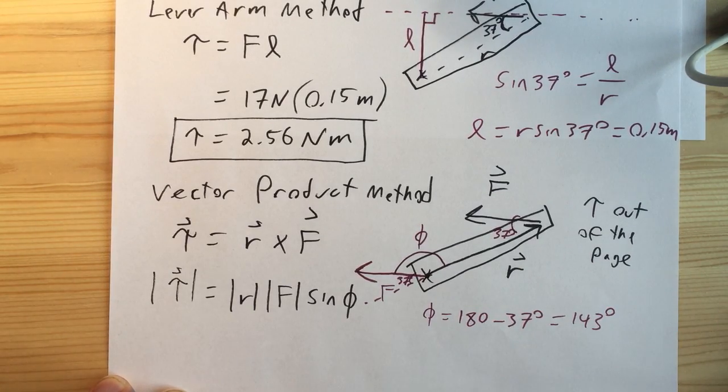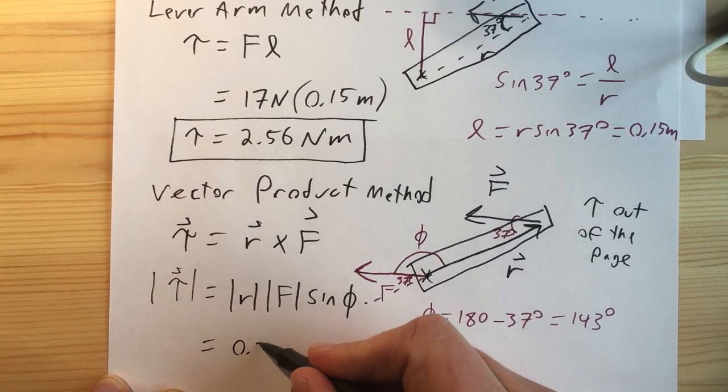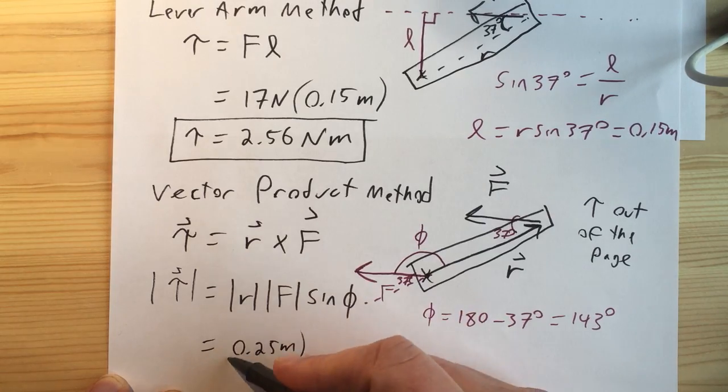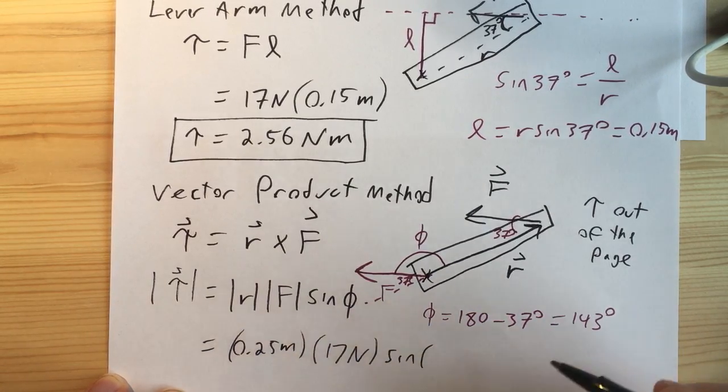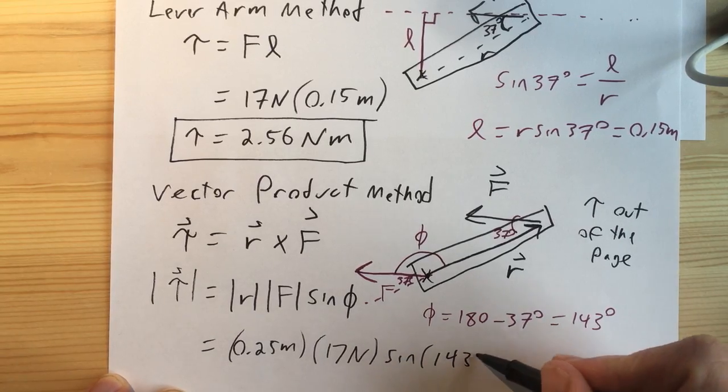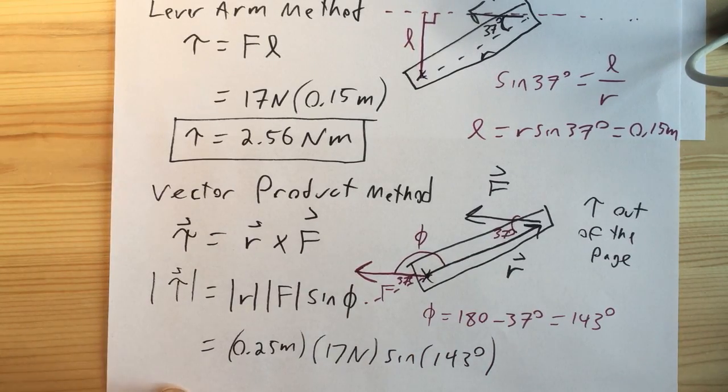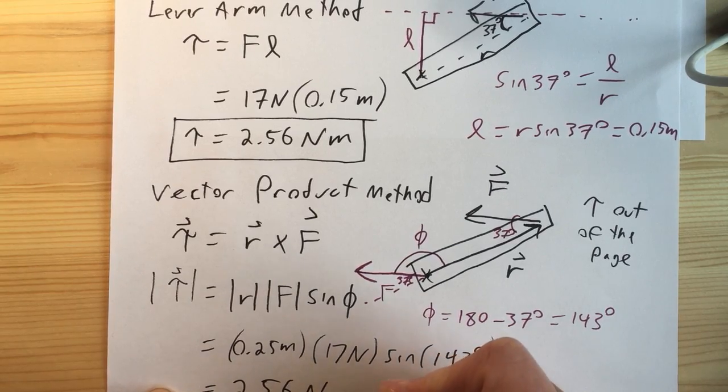Now I can just plug into this formula again. R is again 0.25 meters, F is 17 newtons, and I have sine of 143 degrees. Throwing that all together, I again get the same answer. My torque is equal to 2.56 Newton meters.